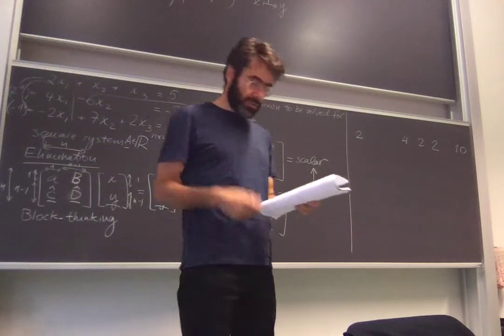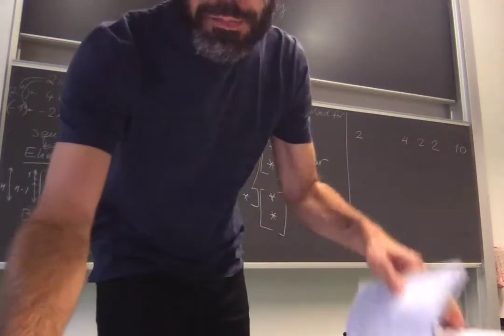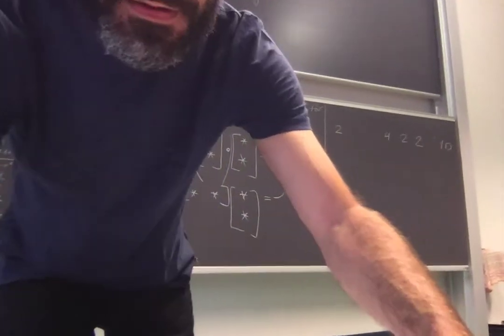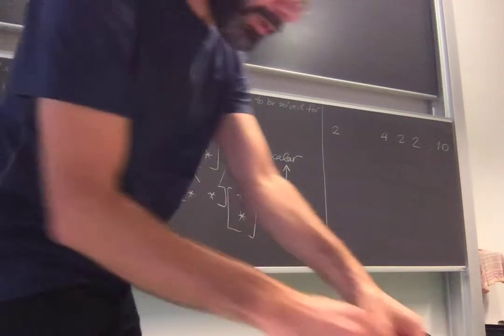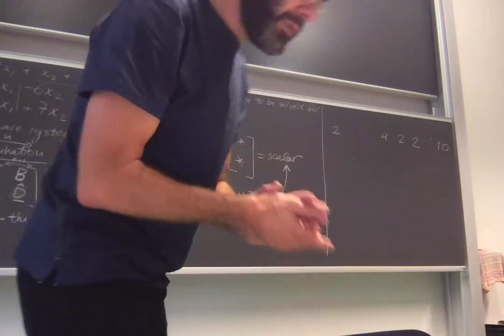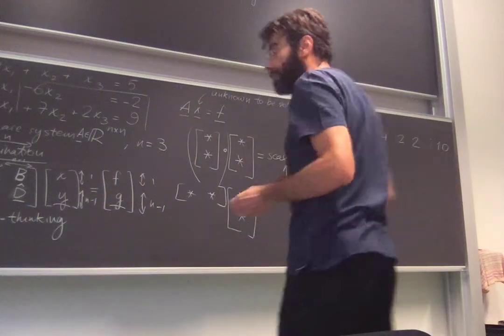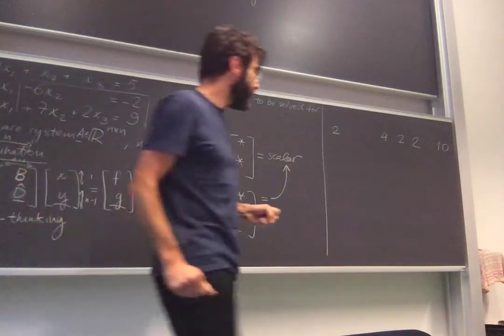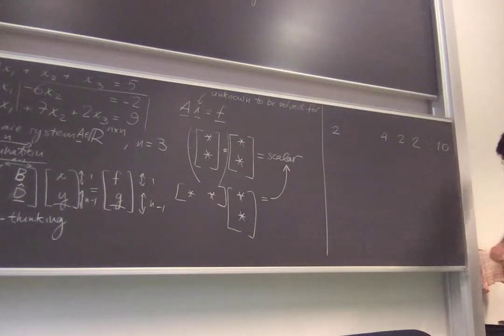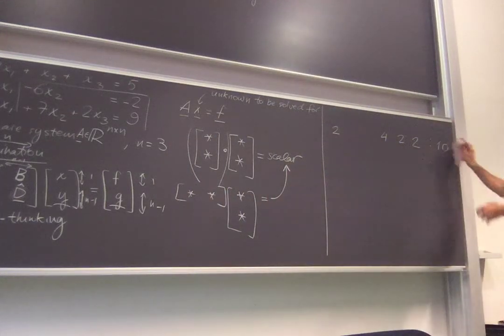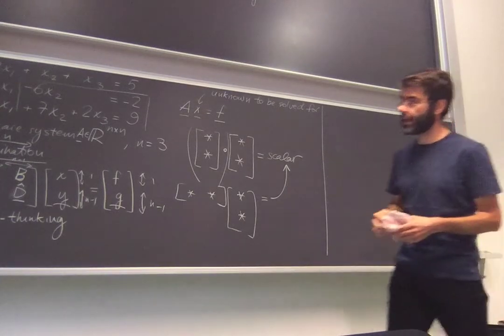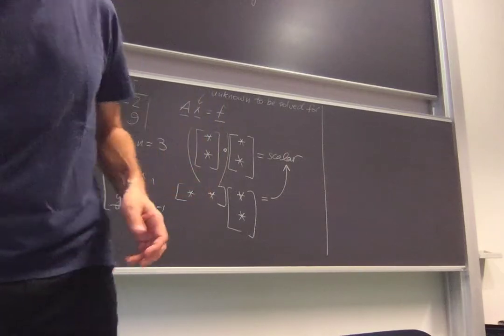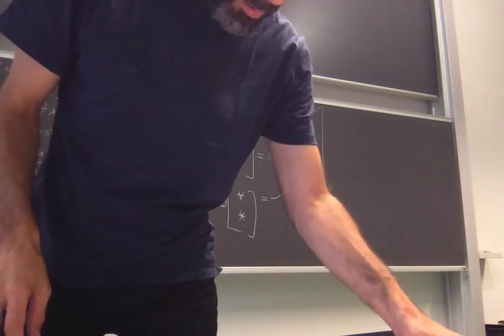In order to somehow remember what we're doing, I'm going to be using some colored chalk. My favorite colors are blue and orange. So I'm going to redo this from scratch. I'm going to repeat that procedure.